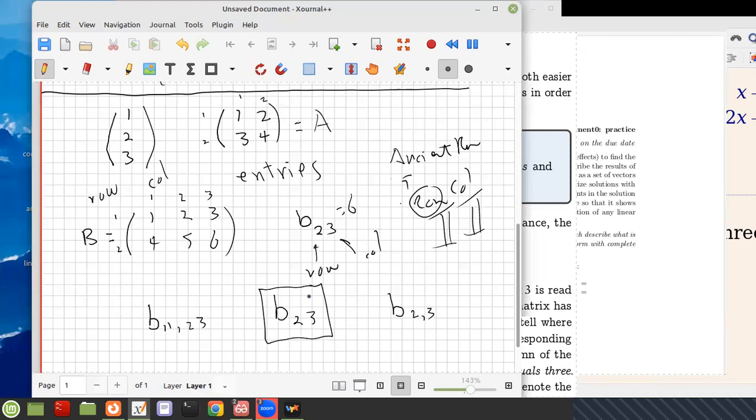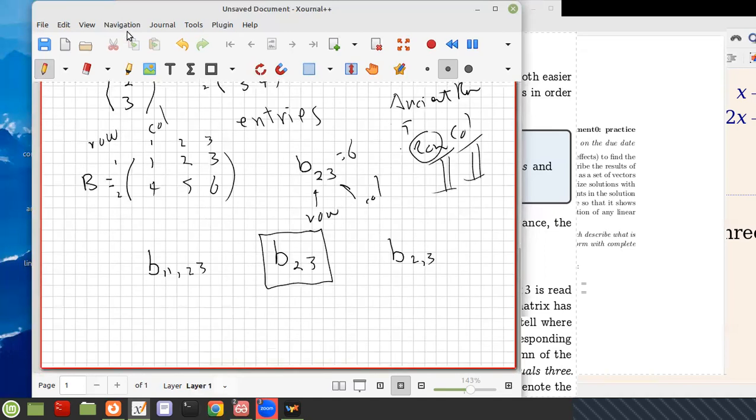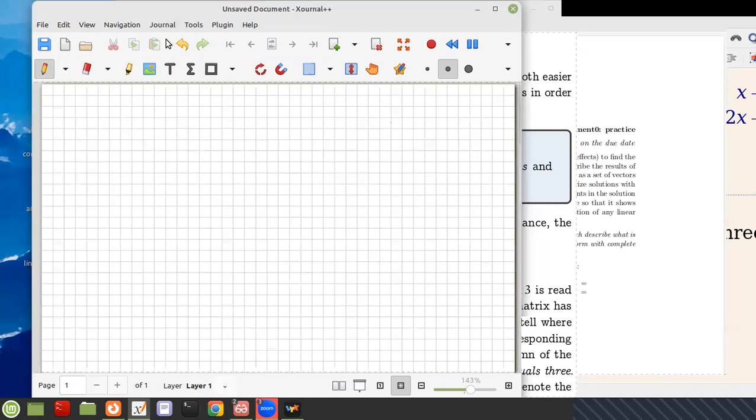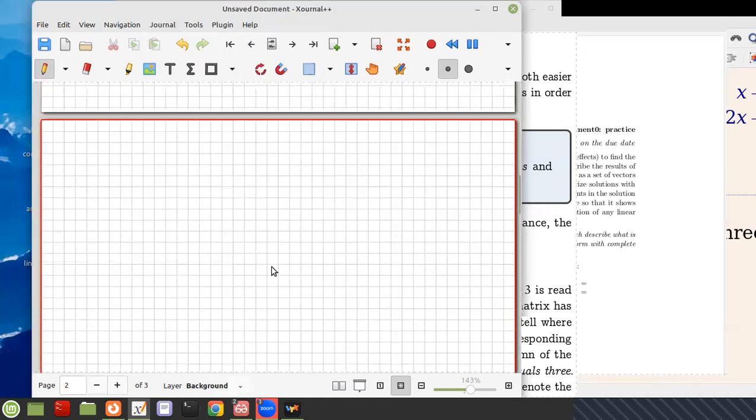Here it's just a convention I'm using, that all of our matrices are going to be less than 9 by 9. Some matrices will be larger, but we rarely get above that.